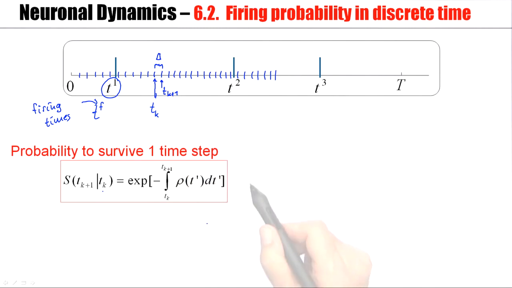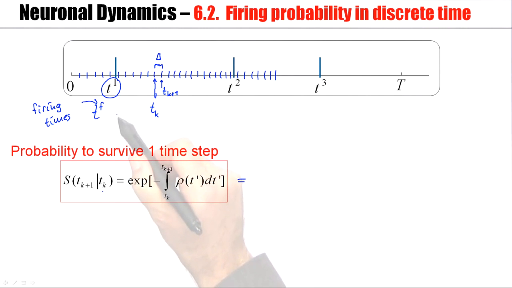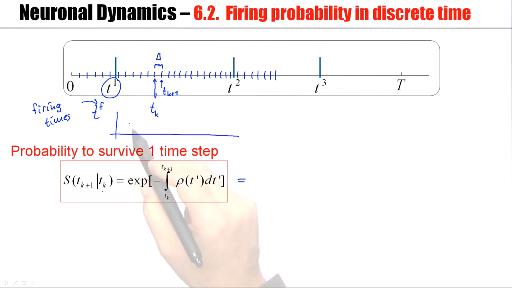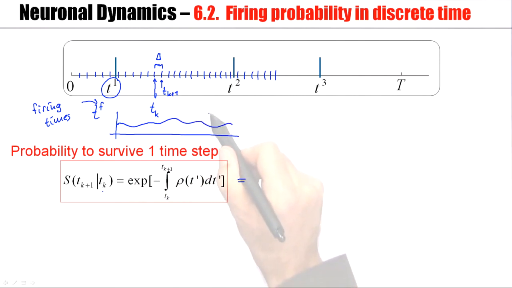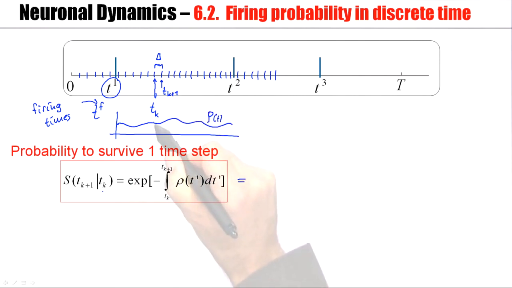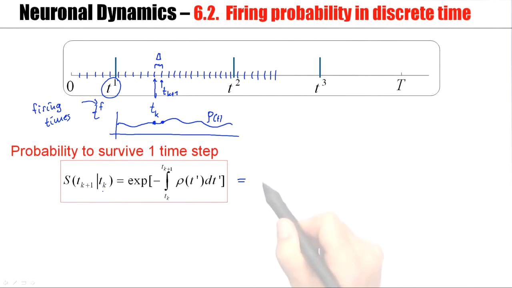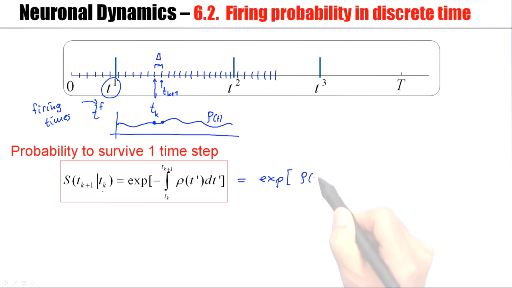Now if the time steps are small, then this function rho of t, which I would like to draw roughly here, will not change a lot between tk and tk plus 1. So for this integral here, I can approximate this by rho of tk times delta.